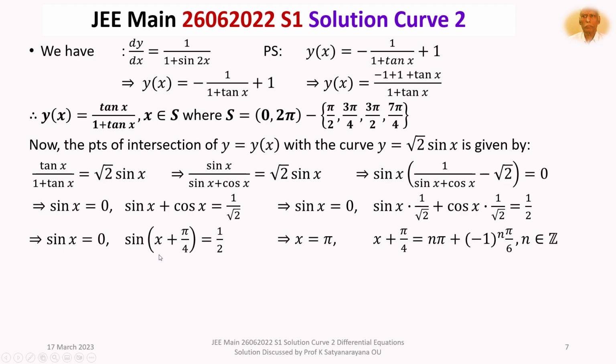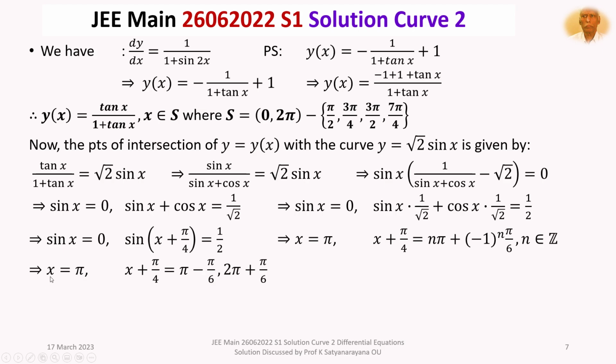Then the general solution is x plus pi by 4 is equal to n pi plus minus 1 to the power of n into theta, that is pi by 6. N belongs to Z, the set of integers.